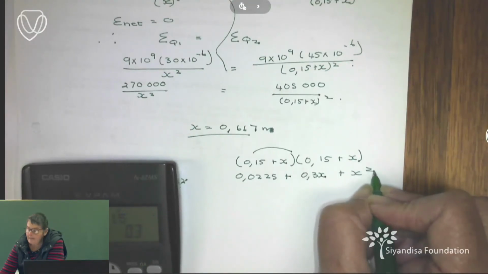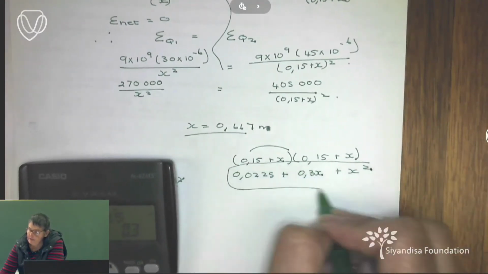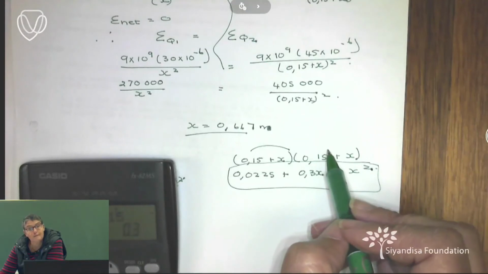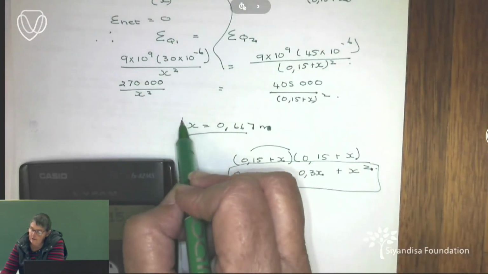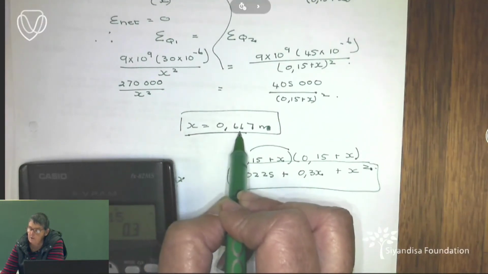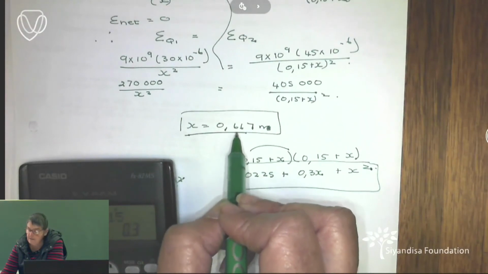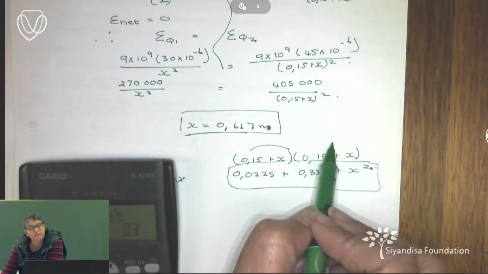So basically you would end up with a quadratic equation. That might be a little bit easier to do the maths that way. But the final answer I got when I did the maths was 0.667, which is actually 0.67 meters.